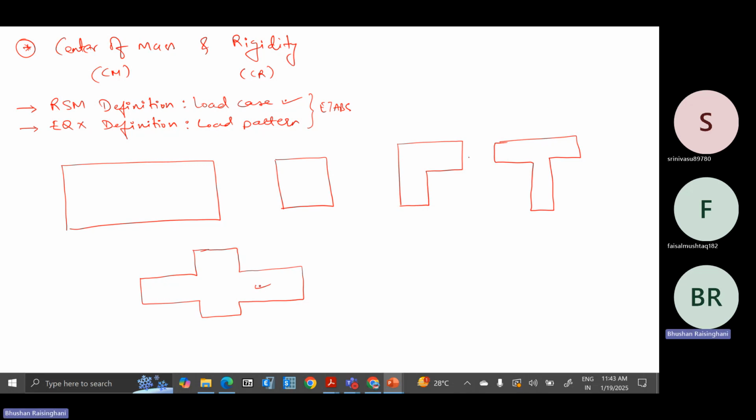And these are regular cases of L in which they give the expansion gap to separate two towers. As the code is not allowing us to use T or L shapes, there is an expansion gap they provide between the two buildings. So T and L shapes are not there. In some cases the buildings are triangular also, like this.